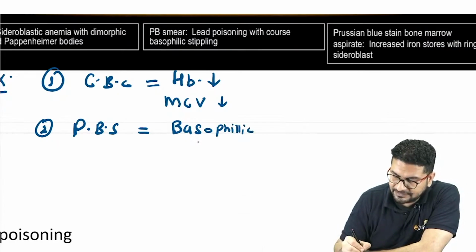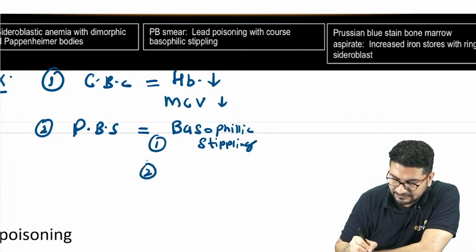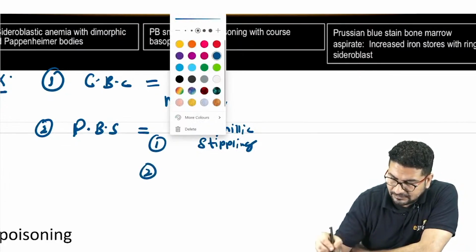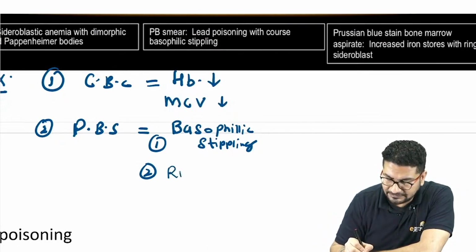We call this basophilic stippling. In the peripheral smear you will also see cells forming a ring. This is called a ringed sideroblast.